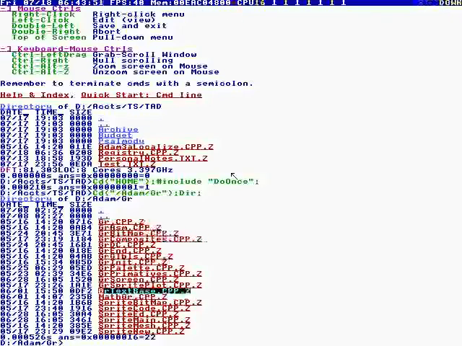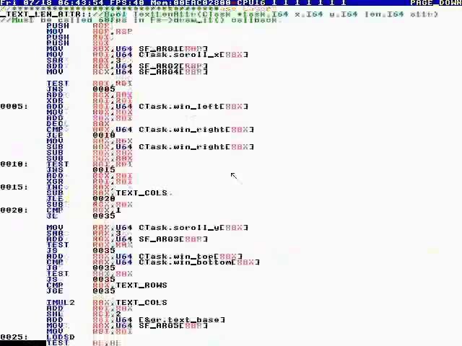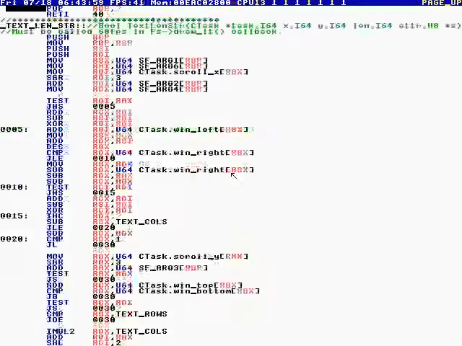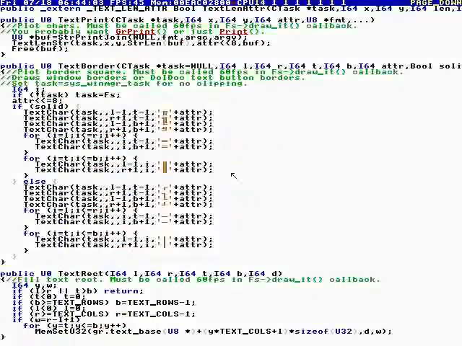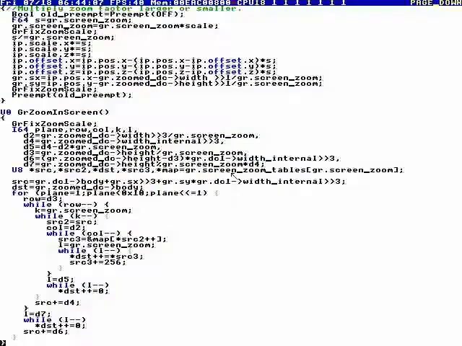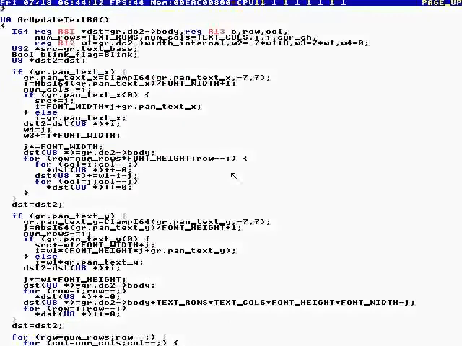Oh, it's in text. Hold on. I guess it's in screen. Yeah, there it is. Update text background.